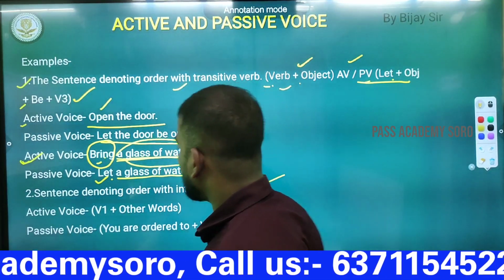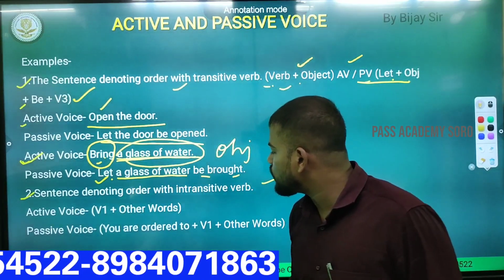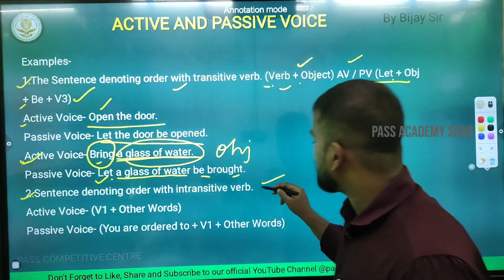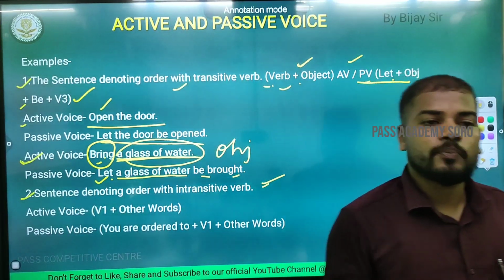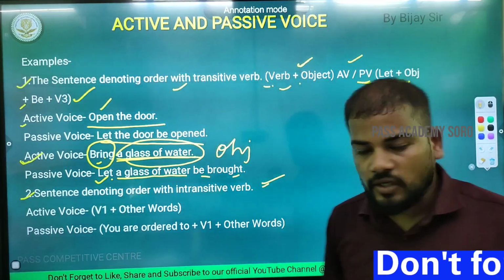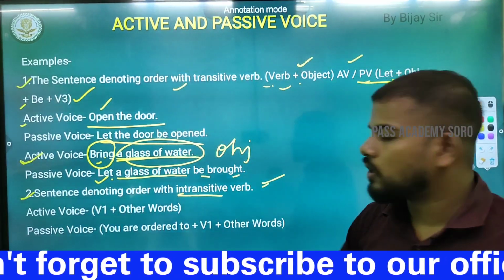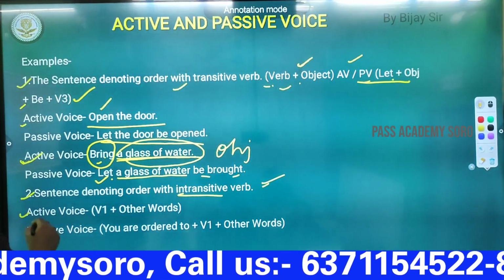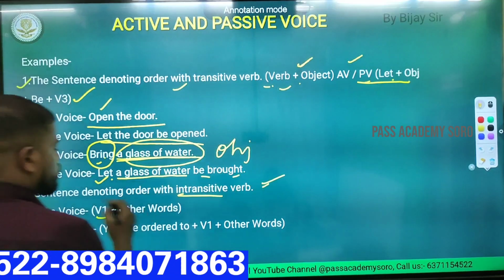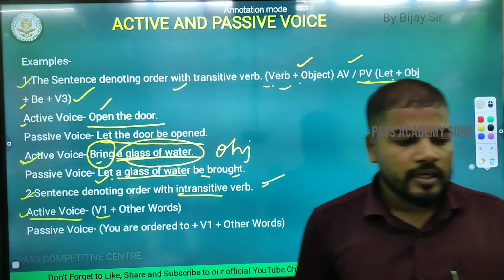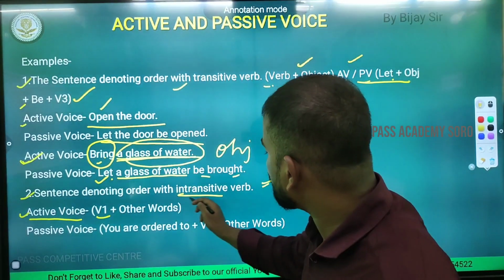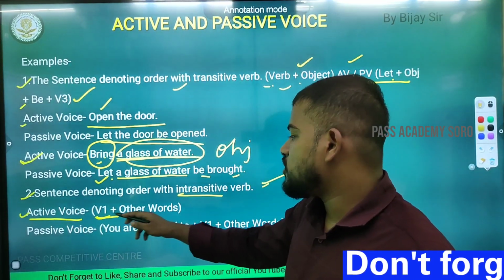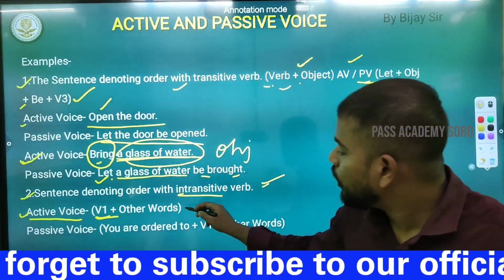Now another structure: the sentence denoting order with an intransitive verb. If the sentence is in imperative form and there is an intransitive verb, what will be the structure, dear student? In active voice, it is verb first form plus other words.